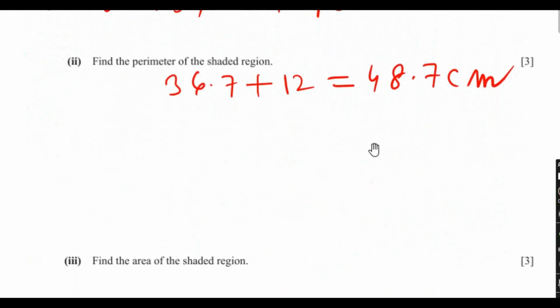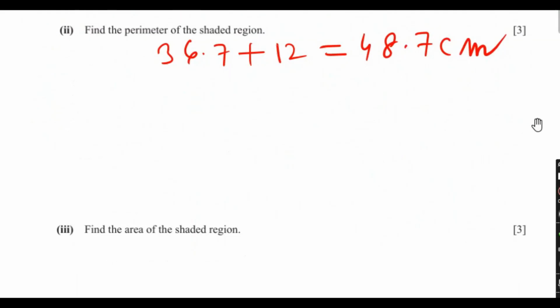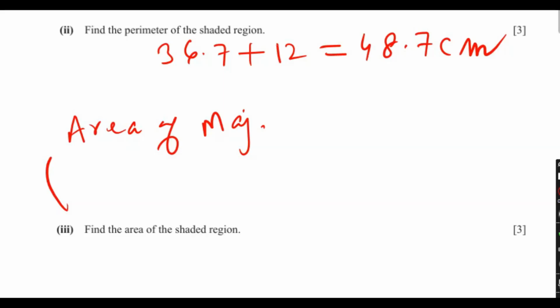So first we have to find the area of the major sector. The formula of the area is half into radius square into theta.